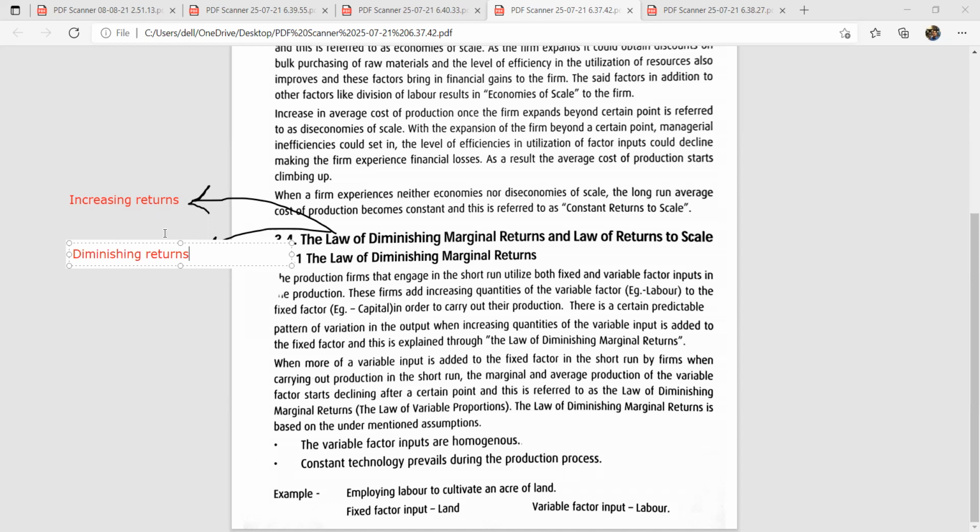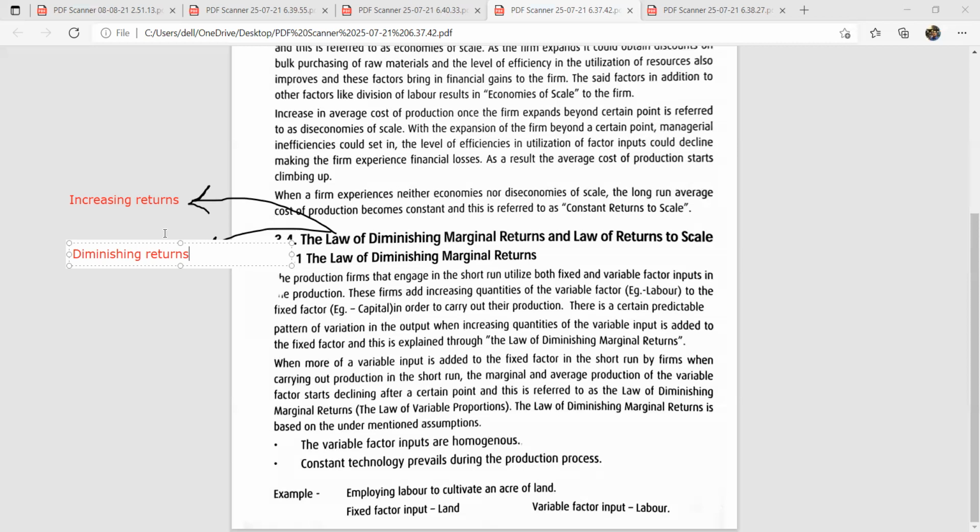So productivity increases gradually. Therefore, the cost per worker, that is the output per variable input, is likely to be low. Therefore, the average cost curve in the short run decreases.